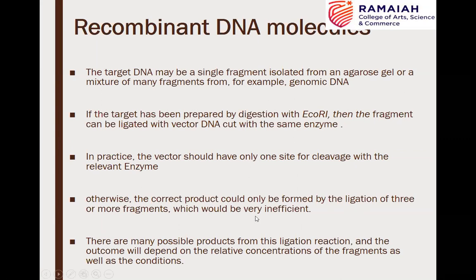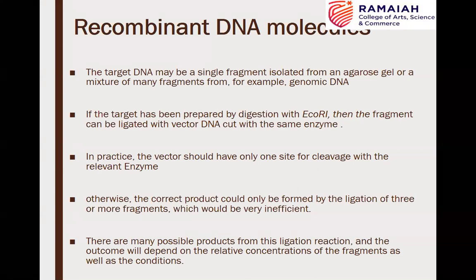So there are many possible products from this ligation reaction. When you allow your vector and the target DNA to be ligated in the presence of DNA ligase, it's not just the desired product. What is your desired product? If you are using a plasmid as your vector, your desired product will be the circular molecule in which your target of interest is incorporated, isn't it? But in reality, not just one product will be formed during the ligation.